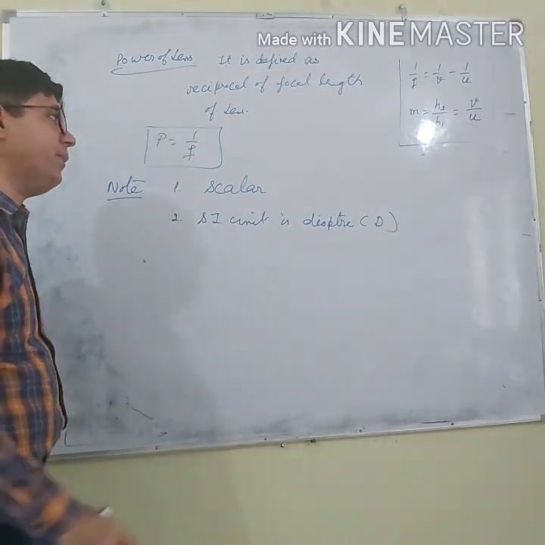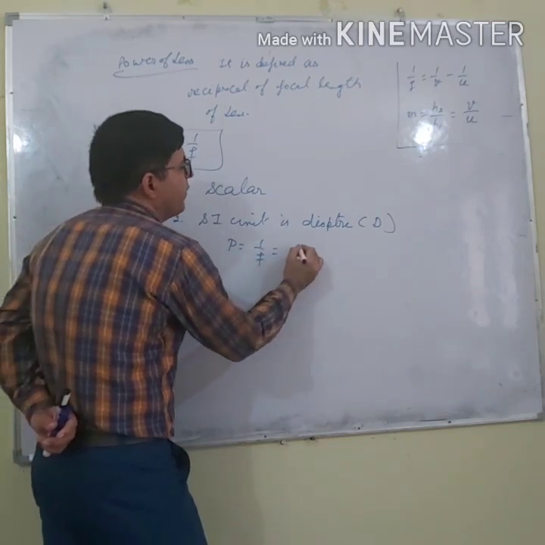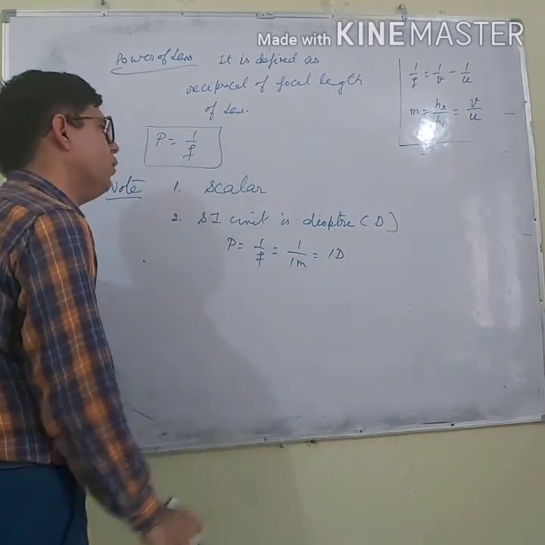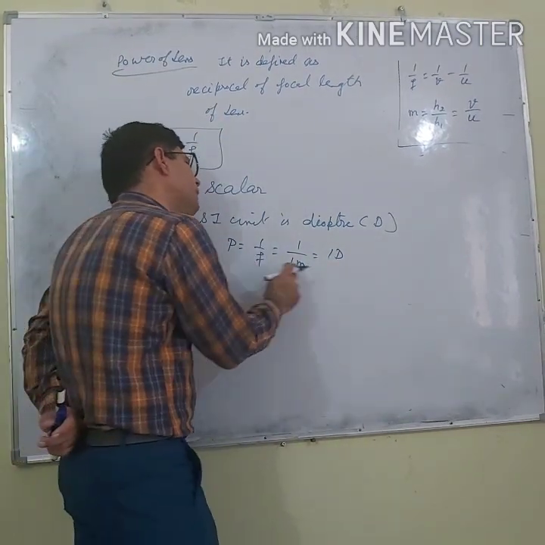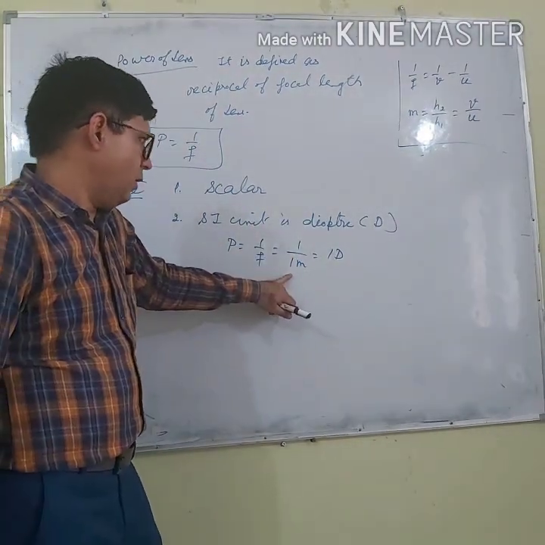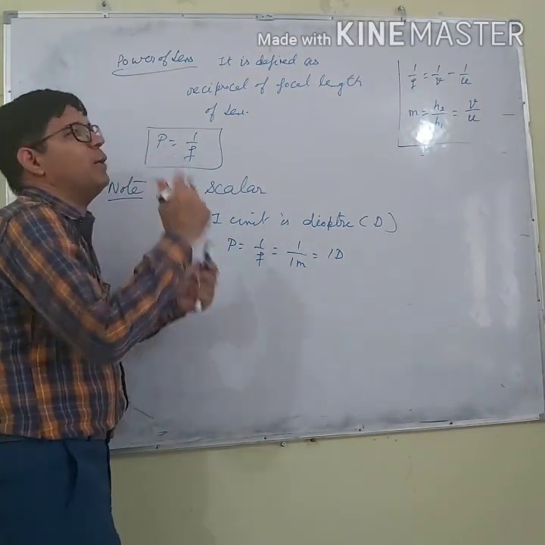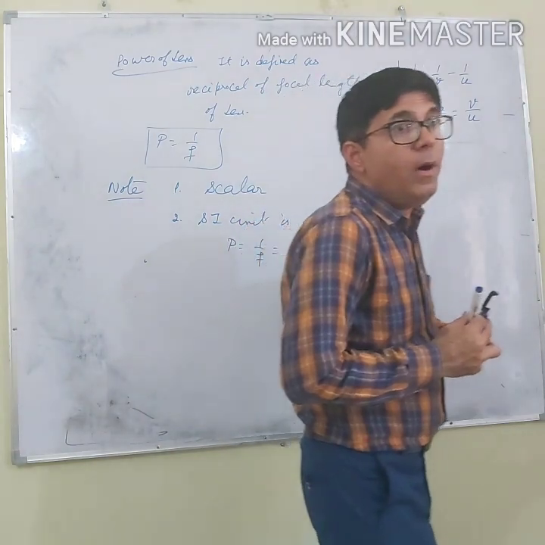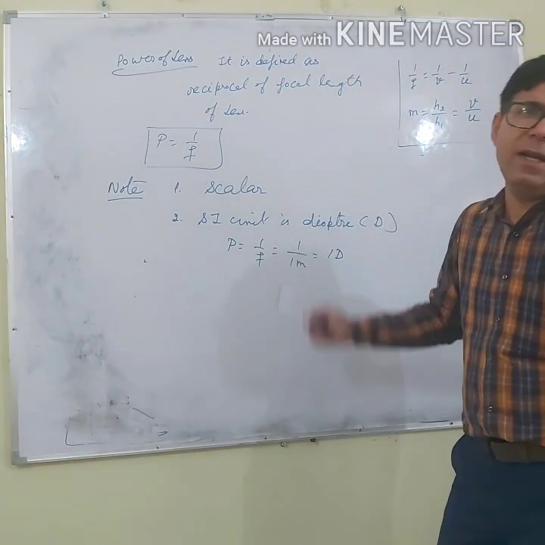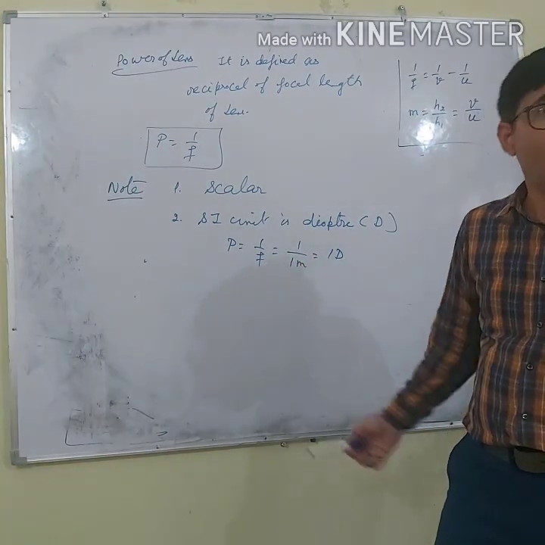How will you define diopter? All of you know power equals 1 over f, and if f is 1 meter, then its power is 1 diopter. So I can say power is said to be 1 diopter. What is special in 1 diopter? So let me define that. Power of a lens is said to be 1 diopter if the focal length of the lens is 1 meter.